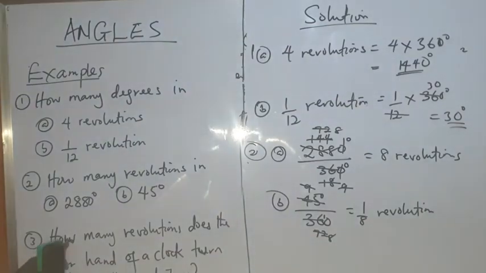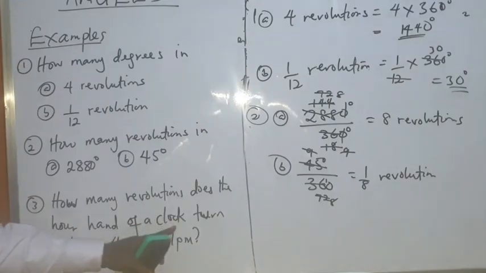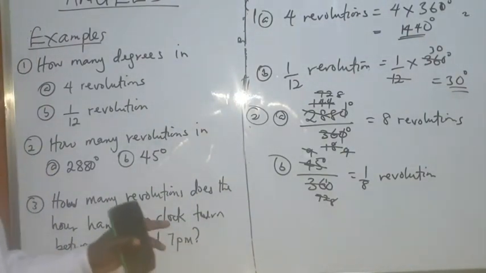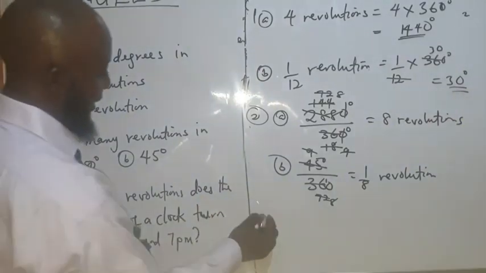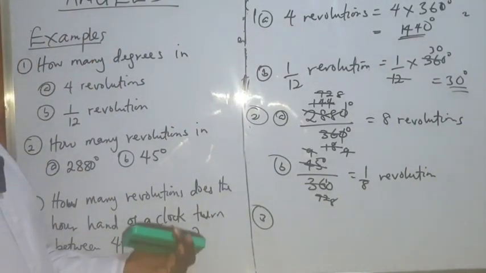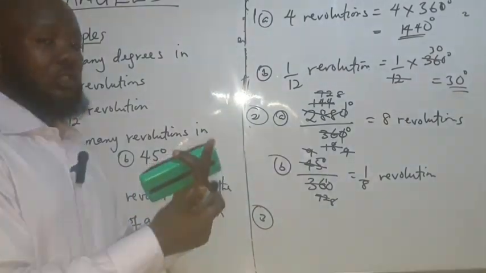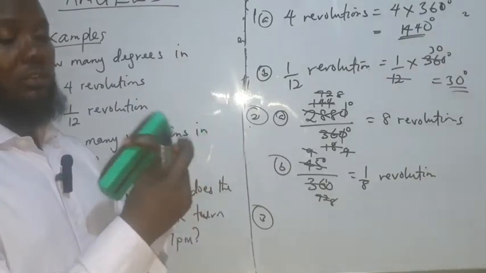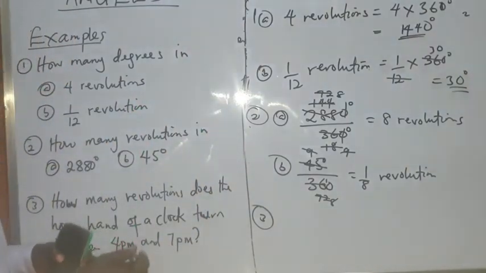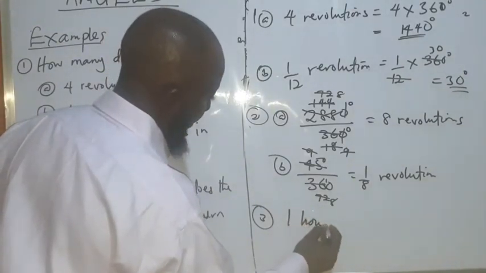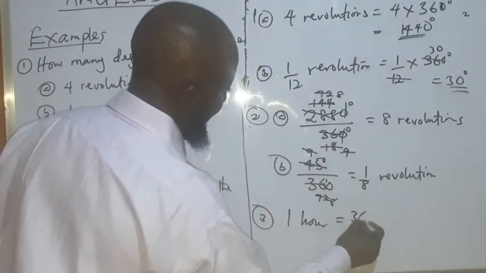So the third one: how many revolutions does the hour hand of a clock turn between 4 p.m. and 7 p.m.? The first thing you need to calculate here is how many hours we have between 4 and 7. From 4 to 5, that is 1, right? 5 to 6, that is 2. 6 to 7, that is 3. That is 3 hours. And 1 hour is equal to 360 degrees.